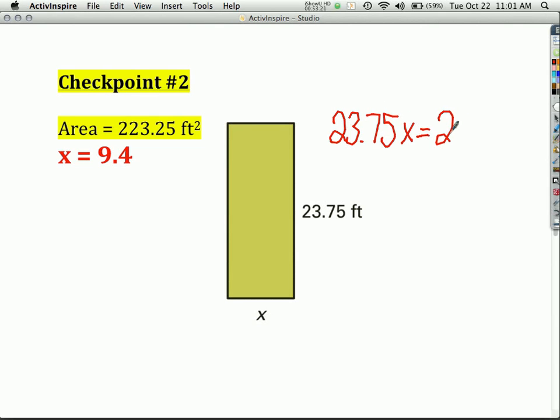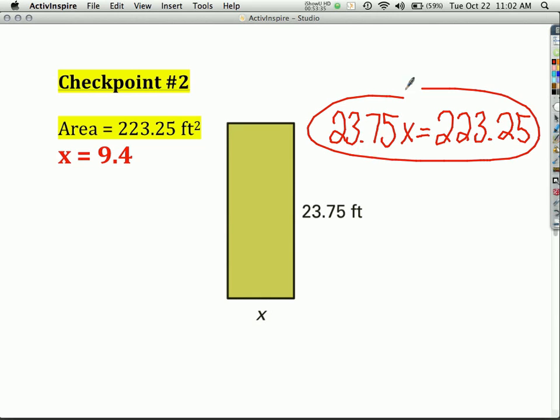Very good. That is exactly what we were looking for. That is the equation that we needed to set up because the area of a rectangle is base times height. So that leads you to that. Comments or questions?